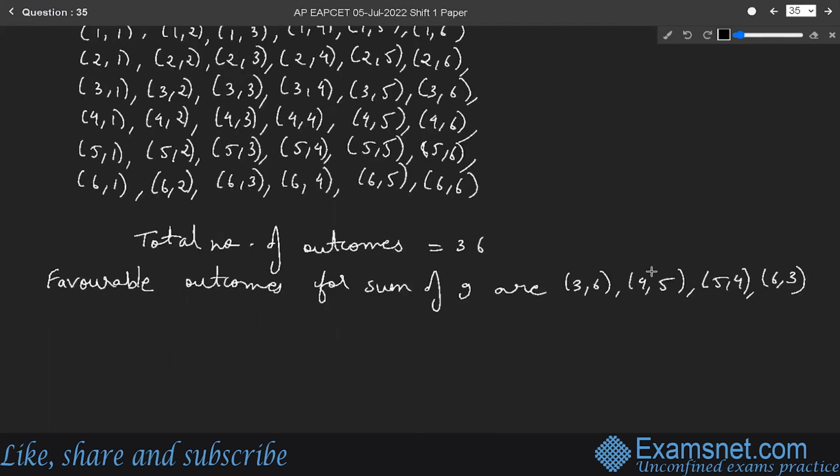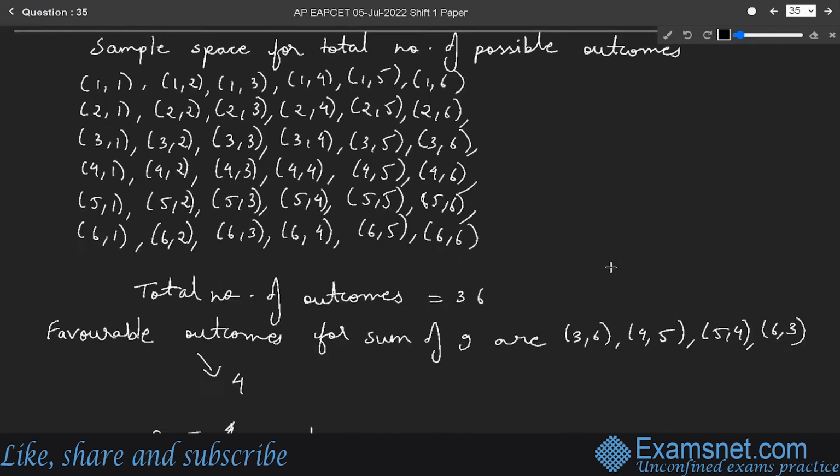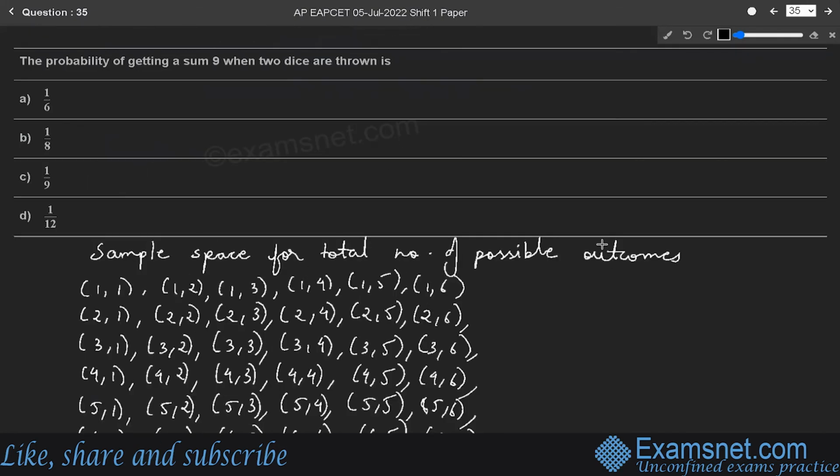So we can say that number of favorable outcomes is 4. Therefore, the required probability of obtaining a sum of 9 on a single toss of a pair of dice will be 4 upon 36, which is equal to 1 upon 9. So the required probability here is 1 by 9. Therefore, option C is the correct option for this question.